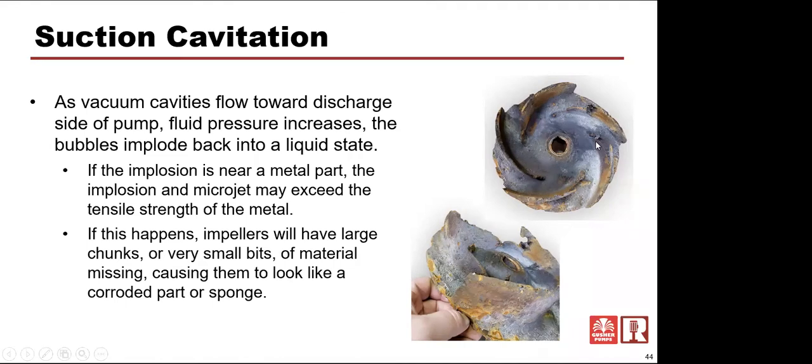So what you're going to see is as those bubbles form near the suction eye here, they're going to be filling these voids as this impeller spins in this way. And the low pressure zone is going to be here. Well, as it starts traveling out here, it starts hitting some of this higher pressure area towards the outside of this impeller, and those bubbles start collapsing.